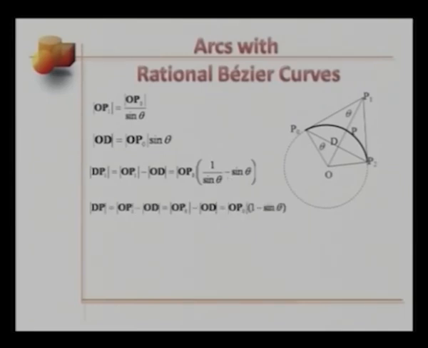How about dP, this distance here? dP is given by OP minus OD. OP is the same as the radius of the circle, which is OP0, and OD is what we had obtained before, the radius of the circle times the sine of theta. On simplification, the absolute value of dP is OP0 times 1 minus sine theta.